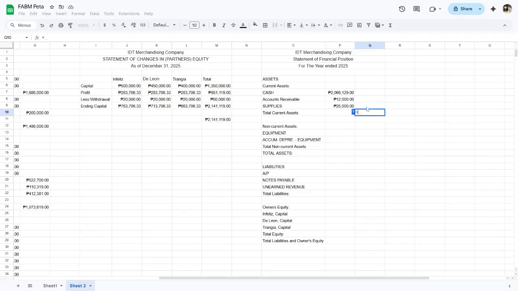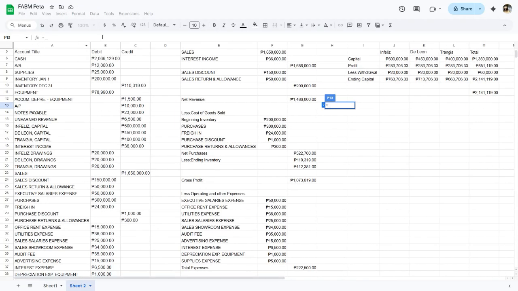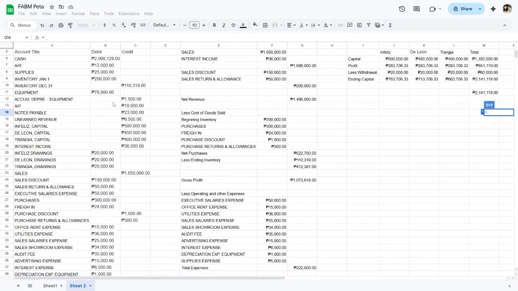Total the current assets, sum all three combined. Then let's go to our non-current assets, the equipment, and our contra asset, accumulated depreciation of equipment.